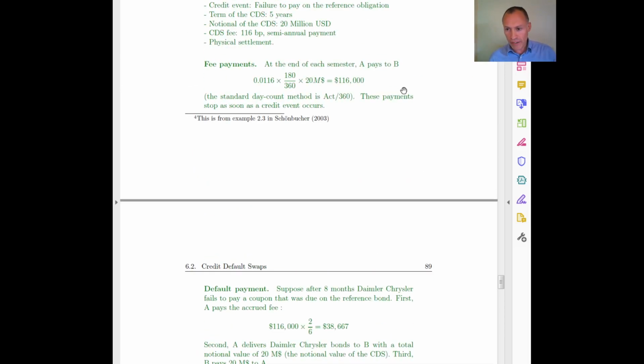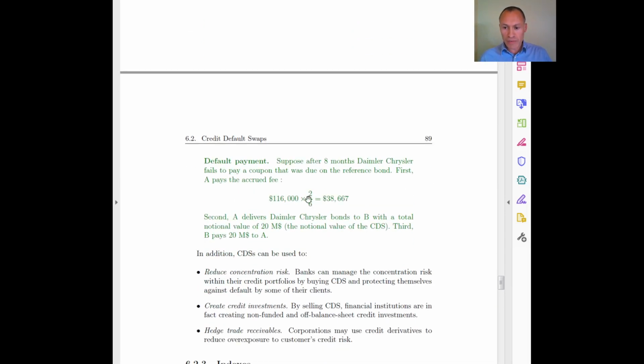So we were paying an amount of 116 every 6 months, which means that the 2 months that have passed since the last payment represent 2/6 of that fee. So A has to pay to the insurance company this amount of money.